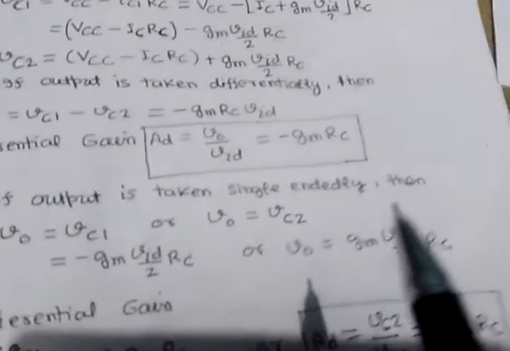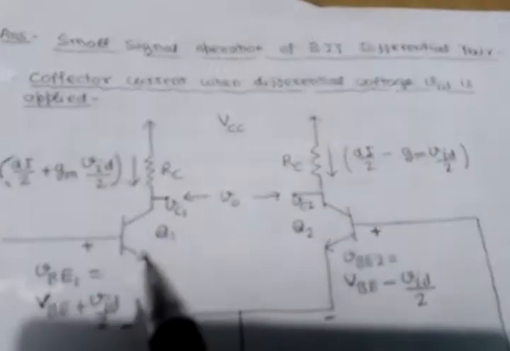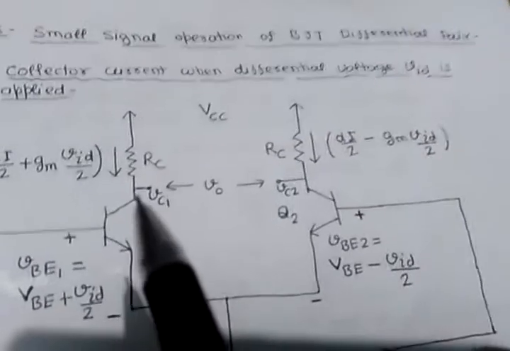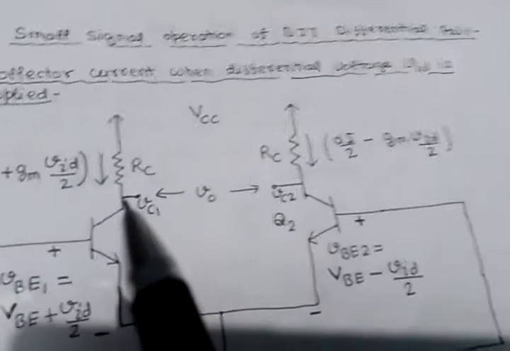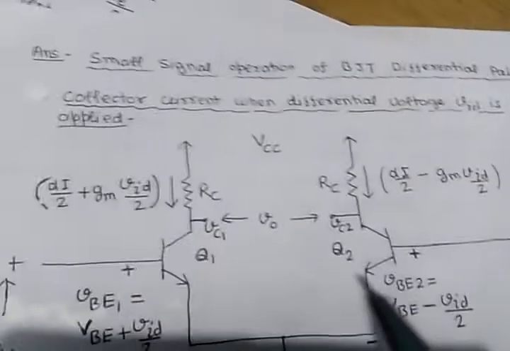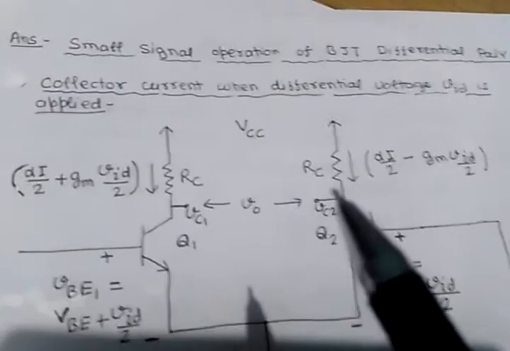We can take output in another way. Case 2, if output is taken single-endedly. Single-endedly means, in this case we take output between ground and collector of any one transistor, means between ground and VC1 or ground and VC2.